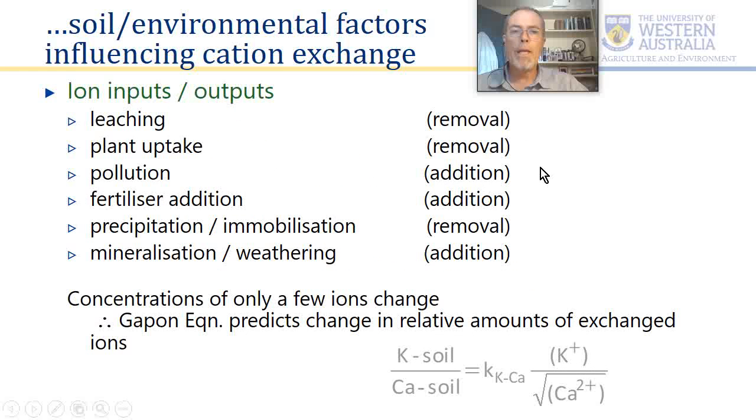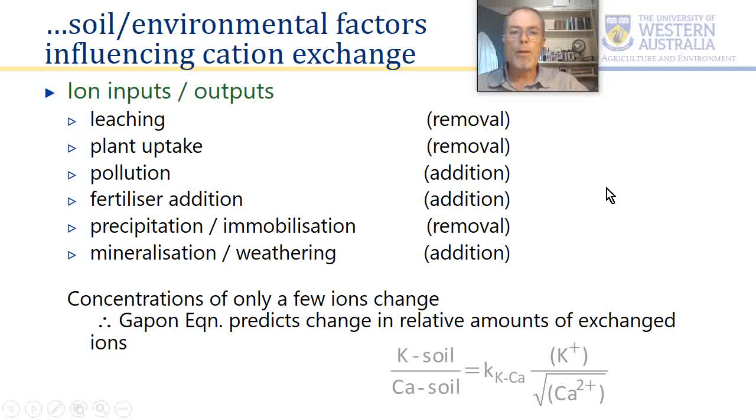In contrast, if we add things other than water, then we do get some changes, right? So inputs and outputs of ions by leaching. Some ions leach more easily than others. Plant uptake. Plants require more potassium, say, than they require magnesium or calcium. Pollution won't always add every element in the periodic table in even amounts. Fertilizers, we deliberately target addition of some elements, calcium or potassium, for example.